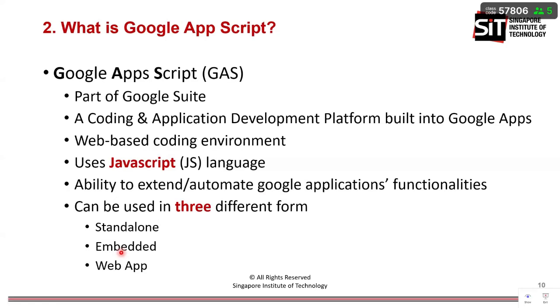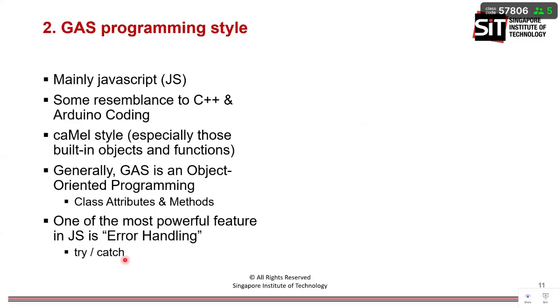For us, we will be focusing on developing a web app so that it becomes a feature available on the internet. Either your handphone or your MKR can then trigger this web app to perform that automation. So we'll be focusing on web app.